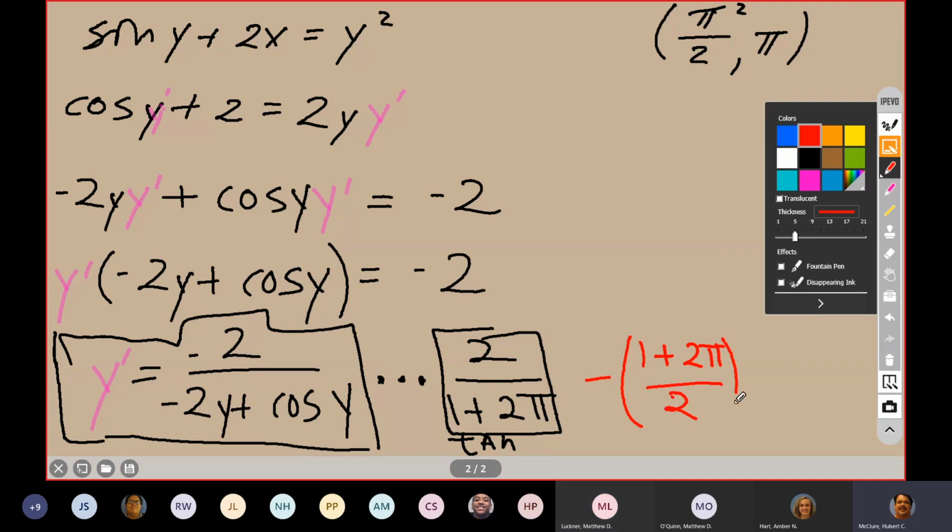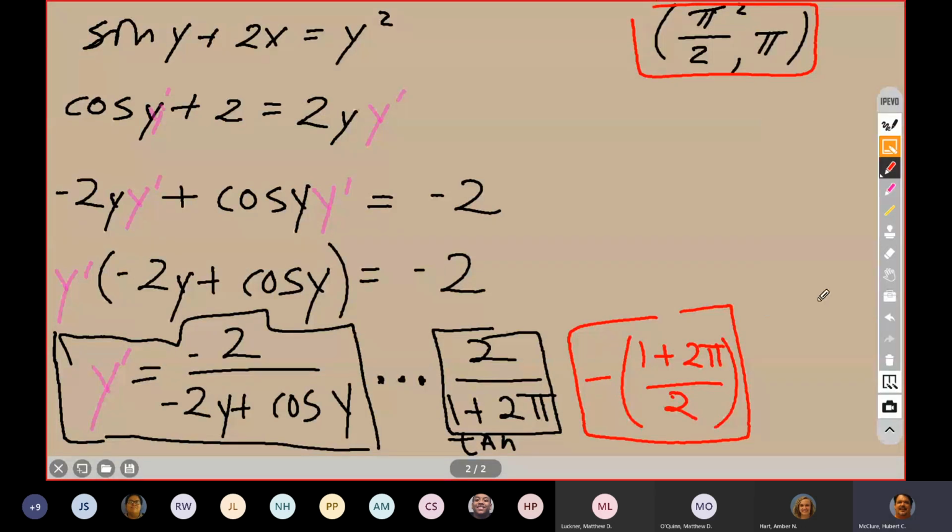And what am I gonna do with this and this? Plug and chug into the point slope equation. And I'll tell you what I got. I didn't simplify it all the way.